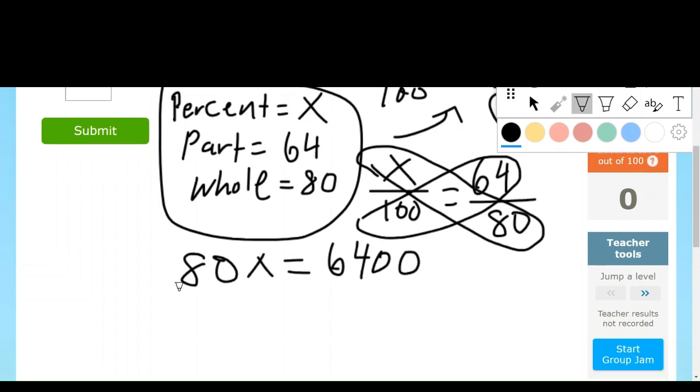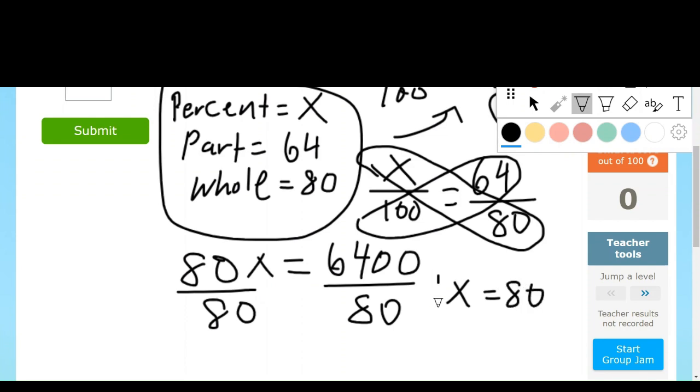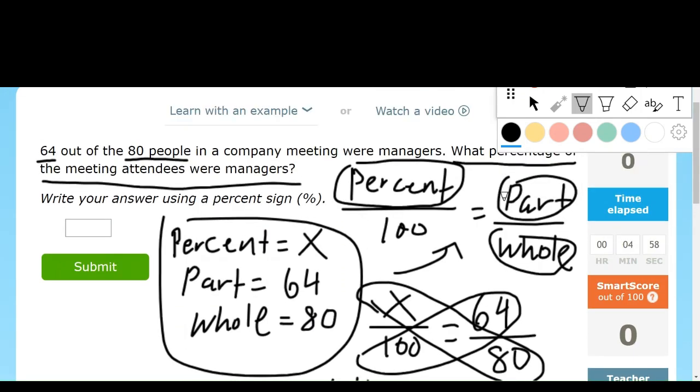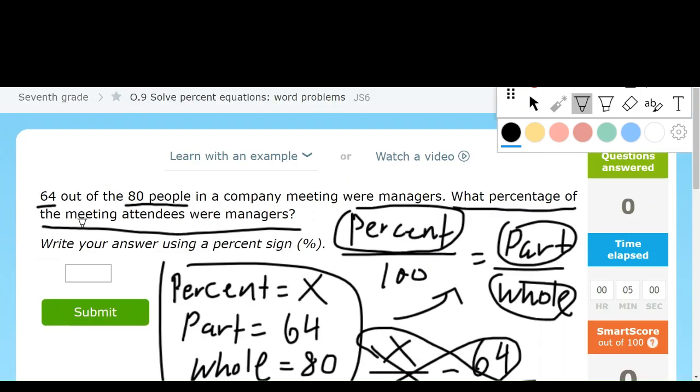And if you divide both sides by 80, isolate the variable x, you're going to get x equals 80. And what does our 80 represent here? Well, it represents our percent here. So 80% of the meeting attendees were managers.